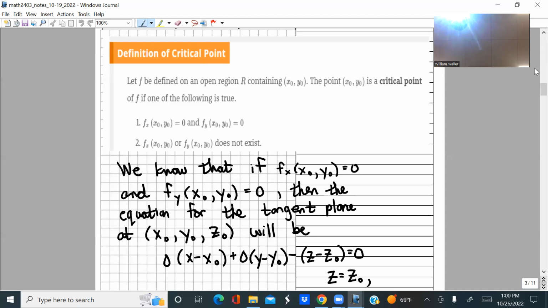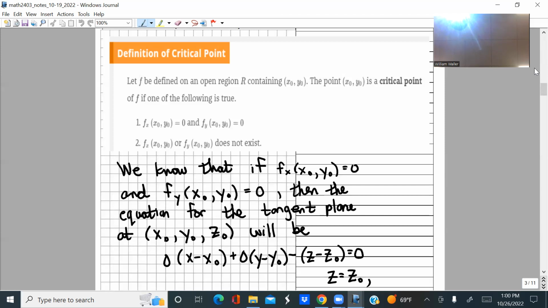An absolute minimum or absolute maximum, that's not easy. Now, here's the other tricky part. Anytime you have a peak or valley, it will happen only at critical points. So you know that either both first partial derivatives are 0 or one of the partial derivatives is not defined.